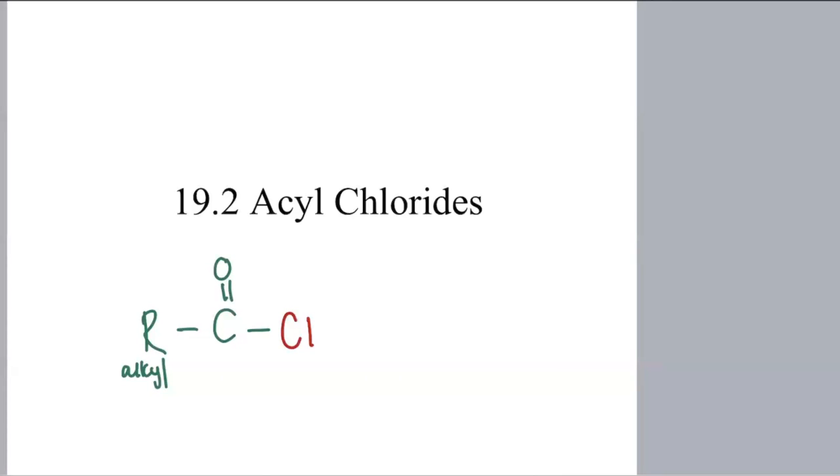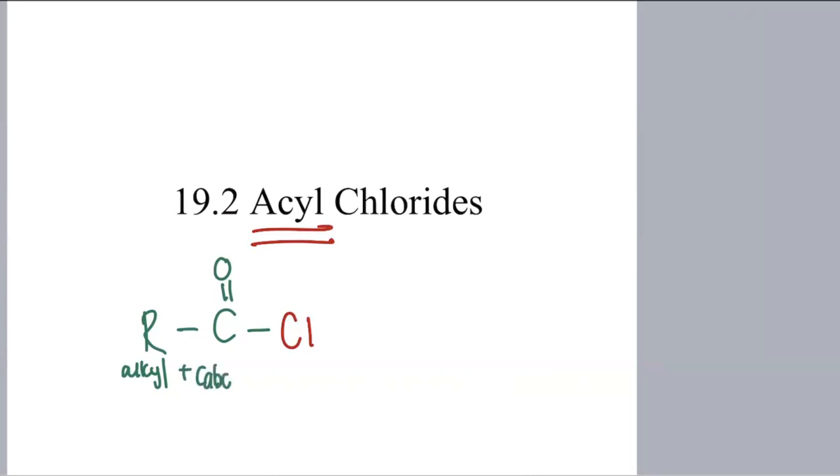So this is what acyl chloride is. Acyl, if you remember from topic 15, benzene, the Friedel-Crafts acylation. An acyl group is an alkyl with a carbonyl group. Alkyl plus carbonyl.